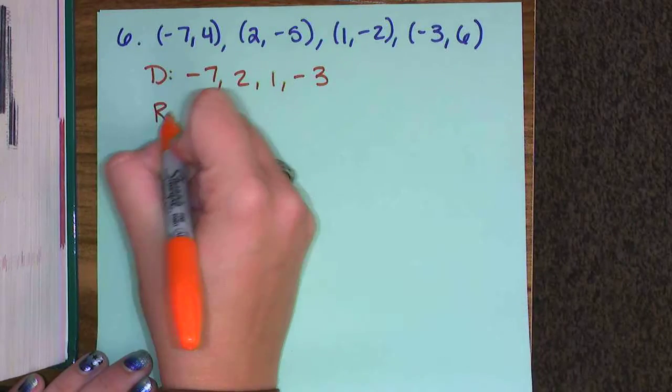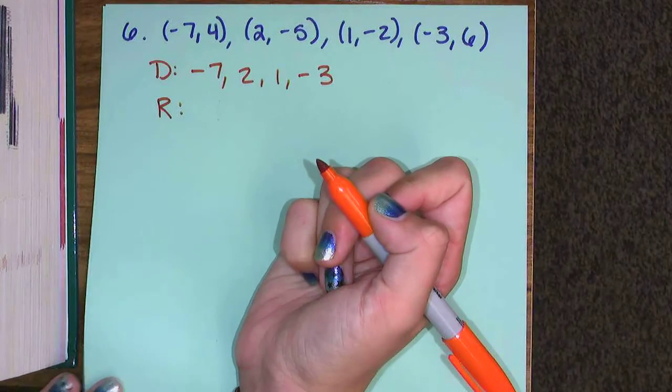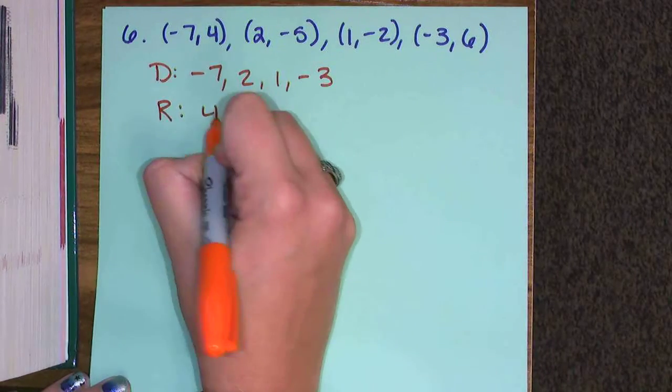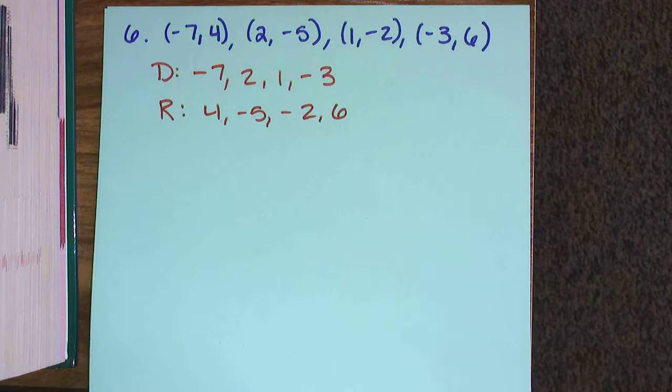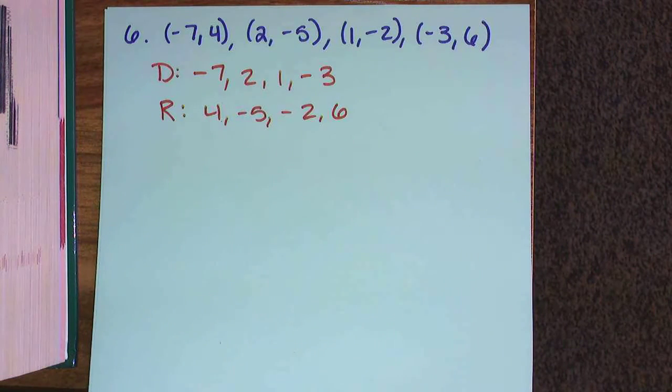My range is what? Four, -5, -2, and 6. Alright, and really we should write them in numerical order, like -5, and then -2, then 4, then 6. Okay, we should have done that with the domain, but as long as you get them down, that's fine.